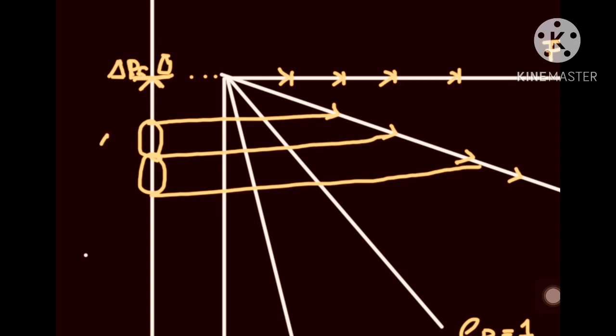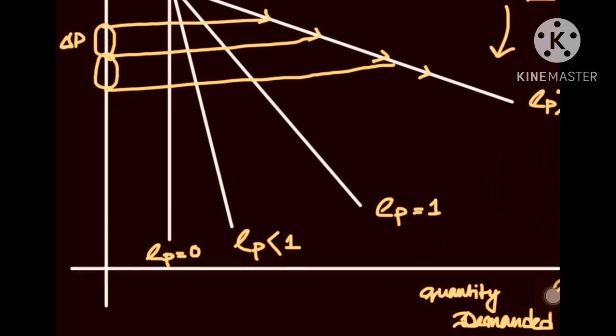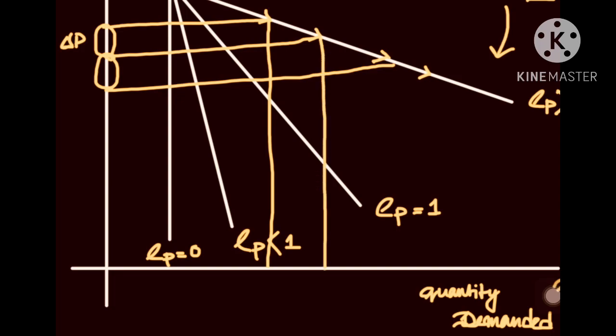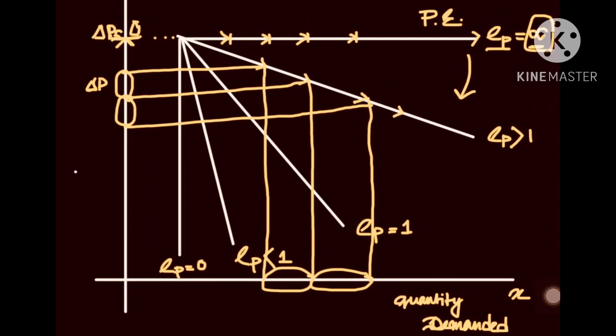We can see delta P is observable, the price has changed, but in comparison, if you look at the change of quantity on the other axis, there is a huge change of quantity compared with the change of price.